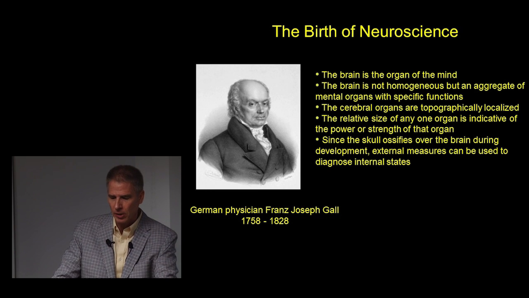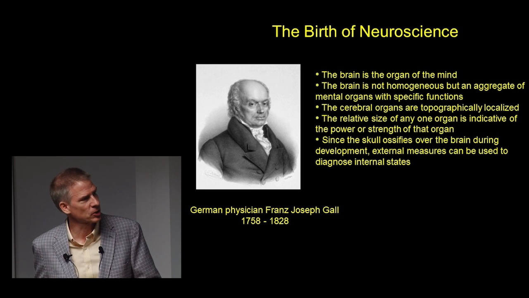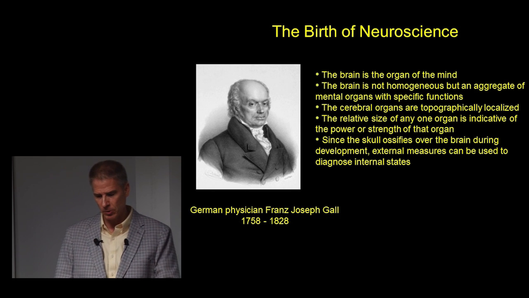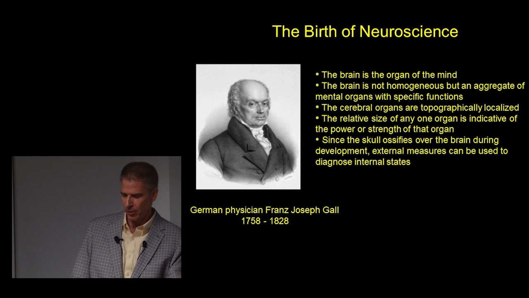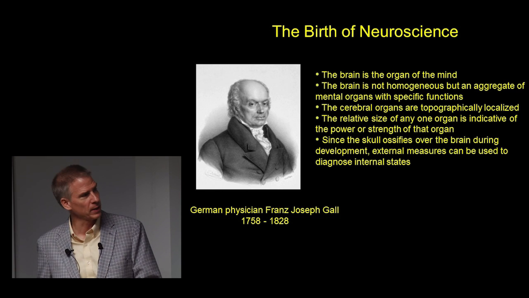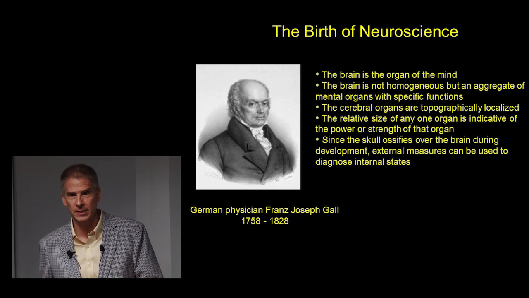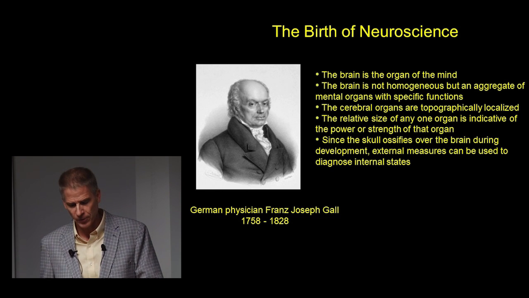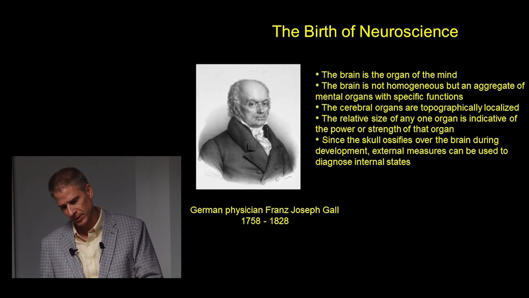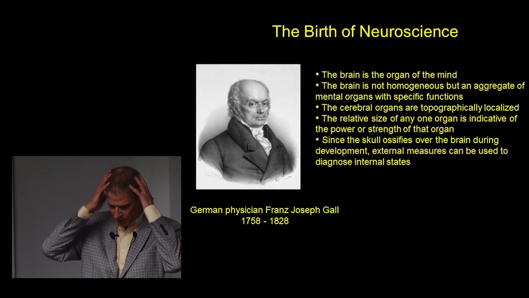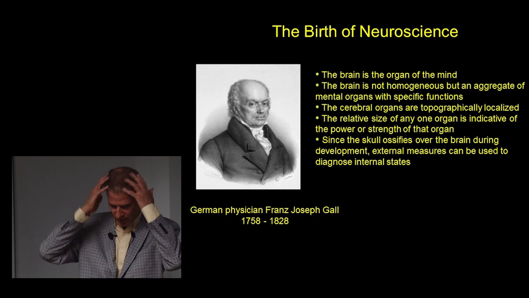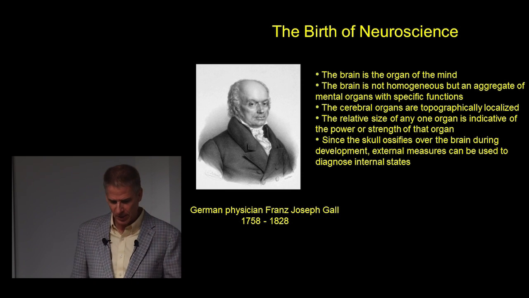Since the skull ossifies over the brain during early development in childhood, external measures can be used to diagnose internal states. On the one hand, this gave birth to the science, or the pseudoscience, of phrenology. On the other hand, it was an early attempt to generate biomarkers, right? The claim is that you can measure the skull, and there were specialists who did this.